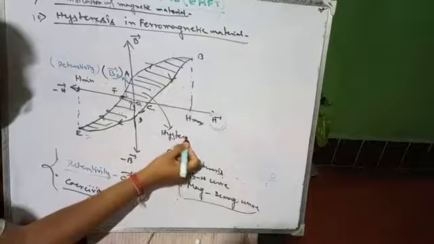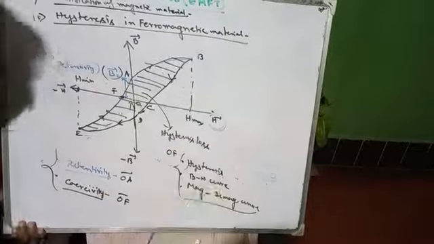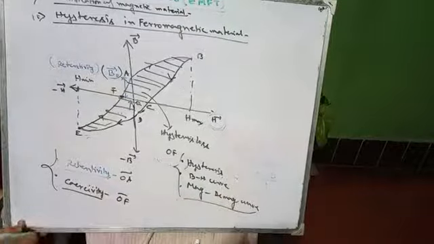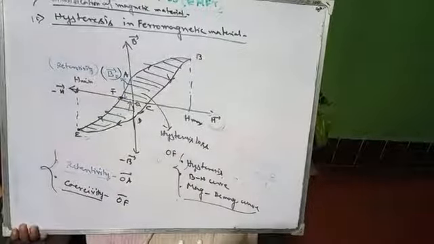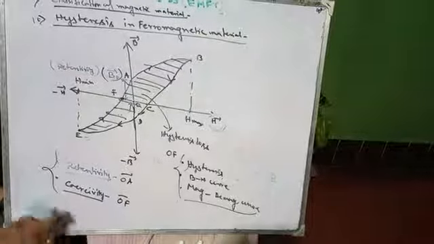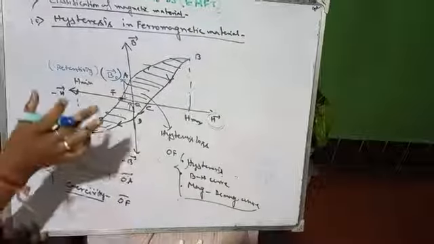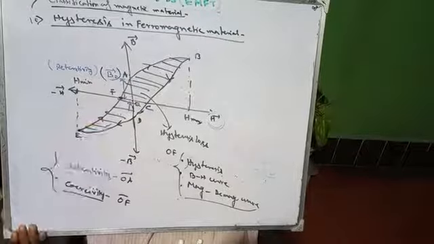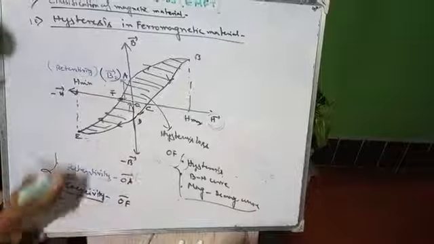What is hysteresis loss? Hysteresis loss is the amount of energy lost due to magnetization and demagnetization of any ferromagnetic material. Suppose I am considering a transformer core. This transformer core needs to be magnetized once, and then demagnetized also.